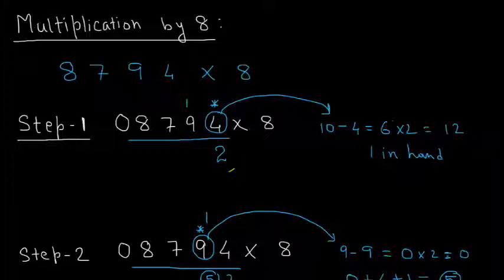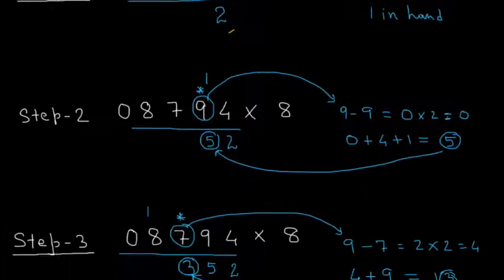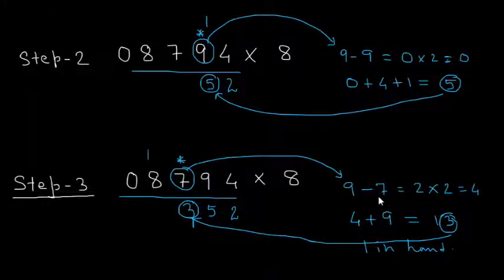For the next middle number, we have to do 9 minus the number. For example, we are in 9, so 9 minus 9, that is 0, multiplied by 2, that is doubling the number, that is also 0.